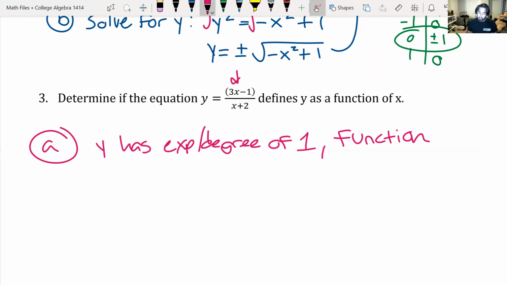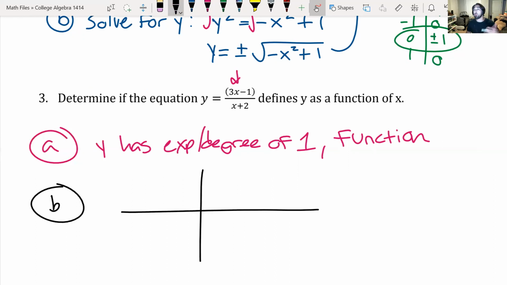We could make an XY chart and all that lovely stuff, but let's just go and graph it. We'll be graphing functions like these later on in the semester, so I'll show you what this graph looks like. You'll have something called a vertical asymptote at -2. You'll have something called a horizontal asymptote at 3. And our graph would look something like this.